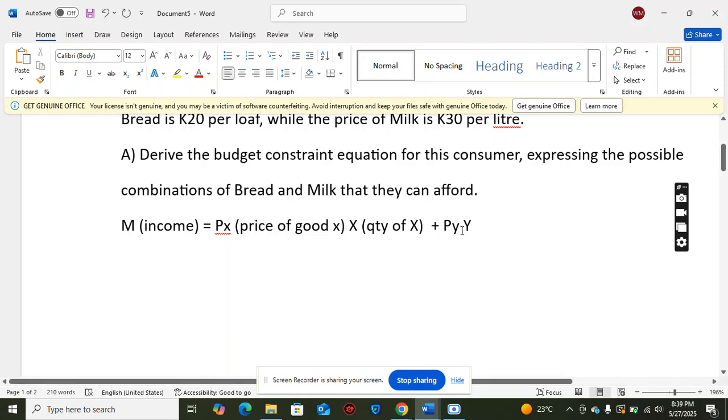Then Py represents the price of good Y, which is milk, and this big Y represents the quantity of good Y.